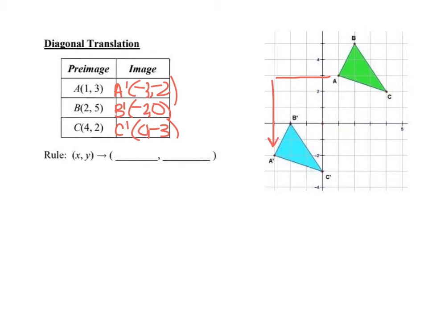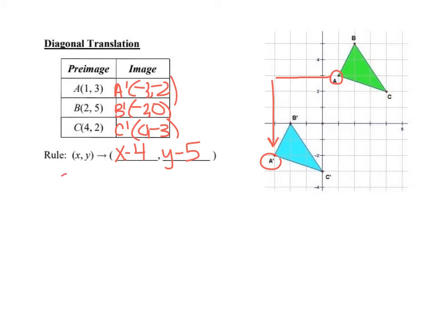And I'm just taking a look at one particular set of points. I'm looking at A and how it's traveling to A prime. We have to go to the left 4 and then down 5. So what's happening to our coordinates in general, since we're traveling to the left 4, we would be subtracting 4 from the x-coordinate, and then since we're moving down 5, we would be subtracting 5 from the y-coordinate.